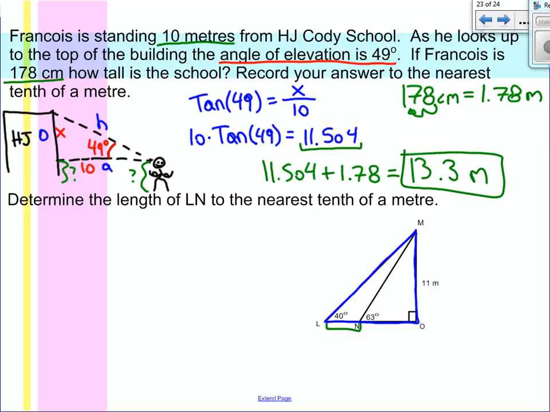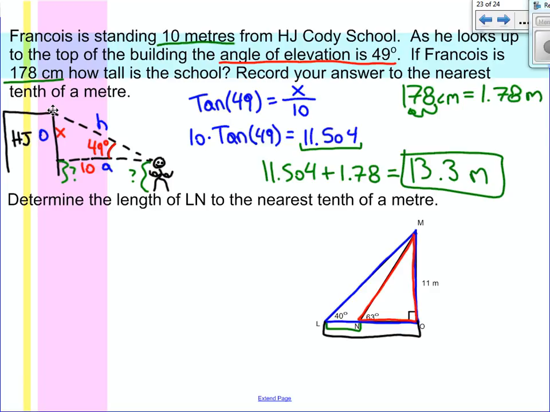And we only know how to work with right angle triangles. We have no idea how to do anything that isn't a right angle triangle. So what we must do is figure out what this entire length is, L all the way to O, and we need to subtract out the little piece that we can find over here from the red triangle.